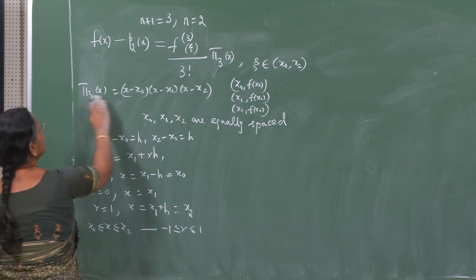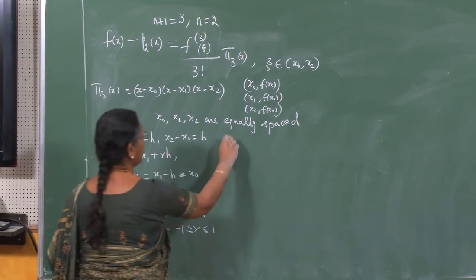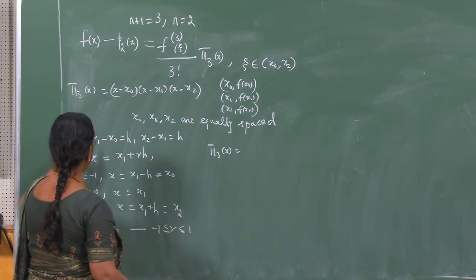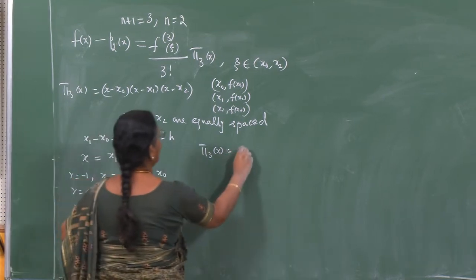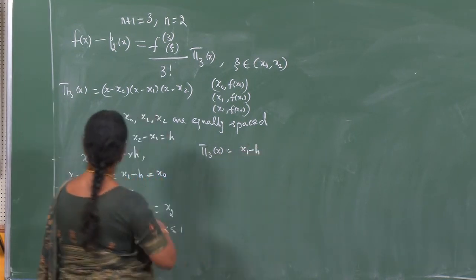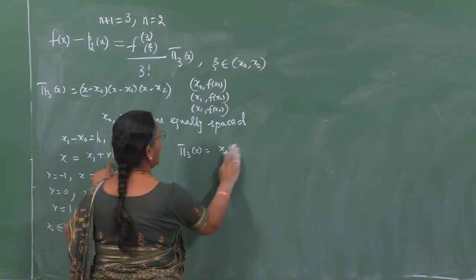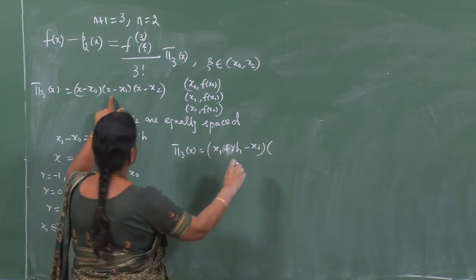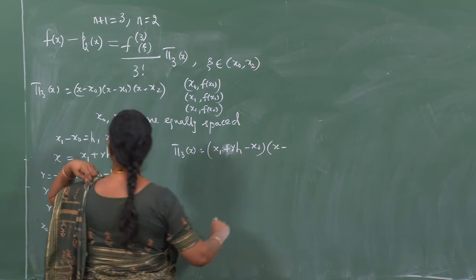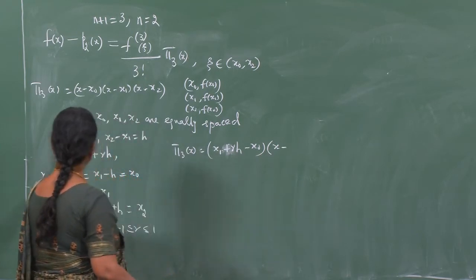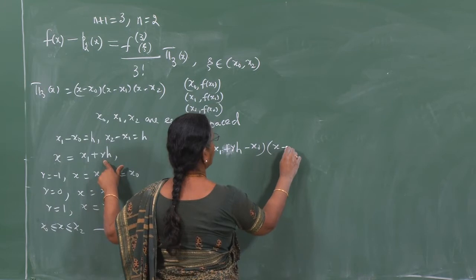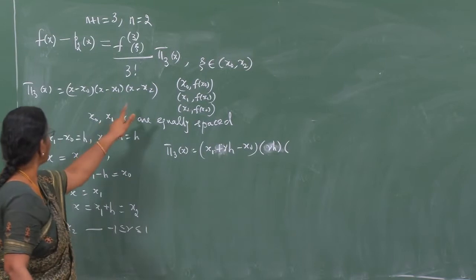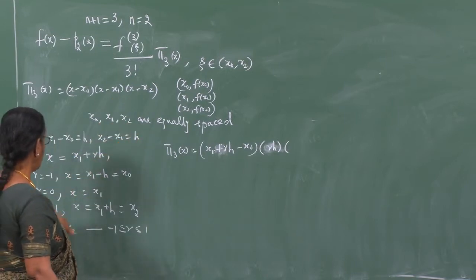So, I shall write down pi 3 of x. What is pi 3 of x? It is x minus x naught. What is x? x is x1 plus rh, minus x naught, then x minus x1. So, x minus x1 is rh. I shall directly write that, and then I have x minus x2.